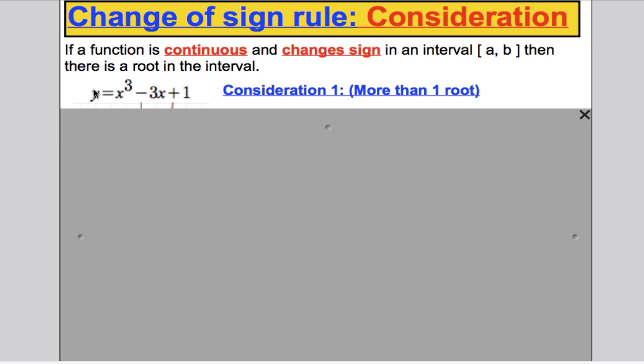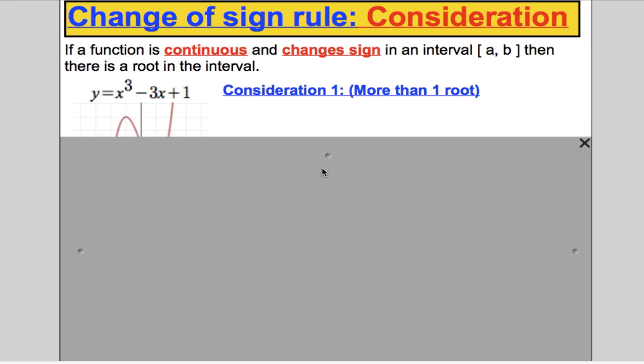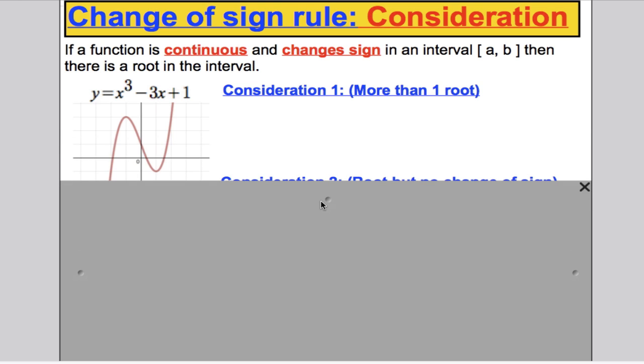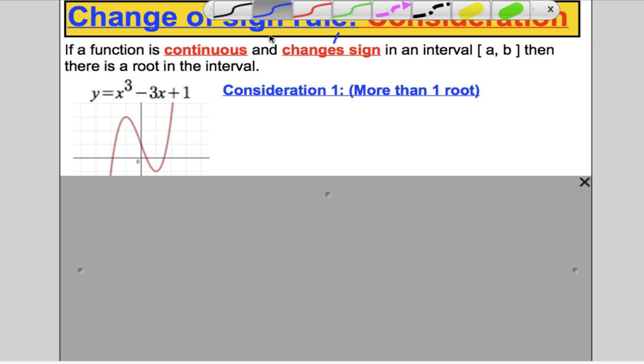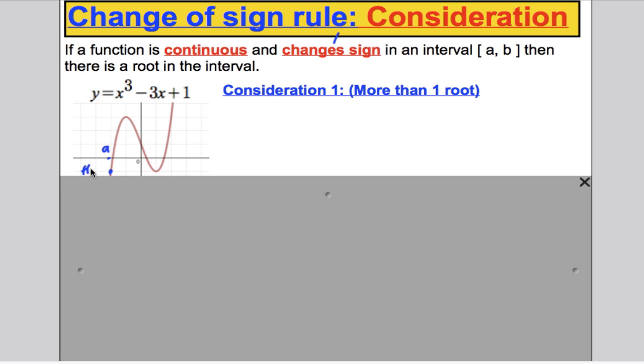So, for example, if y equals x cubed minus 3x plus 1, if we drew out the graph of that, and say we chose a value of a here, and we worked out that f of a was less than 0, and we took a value of b here, and we saw that f of b is bigger than 0.